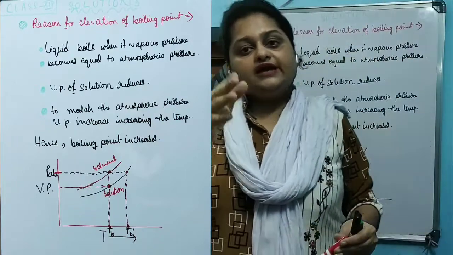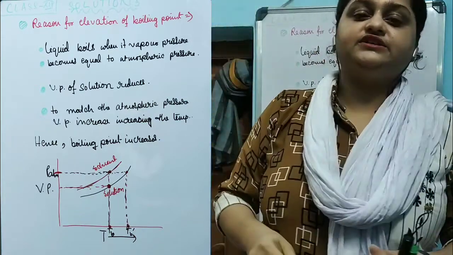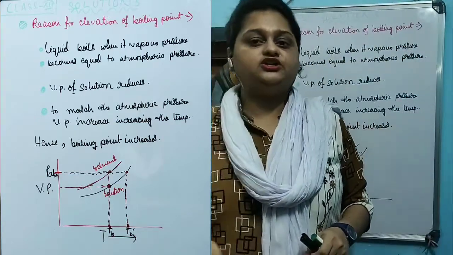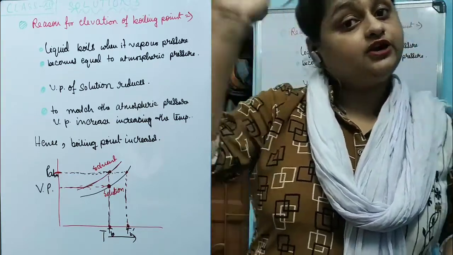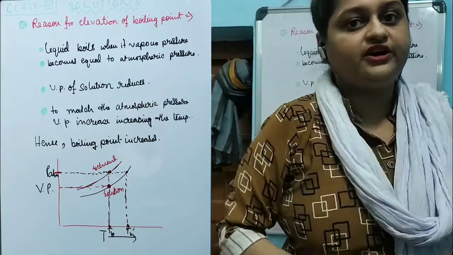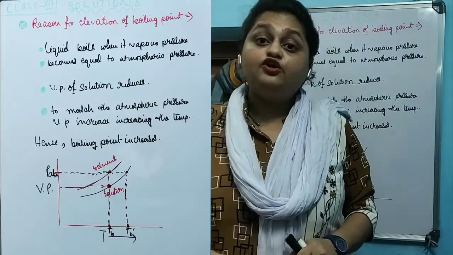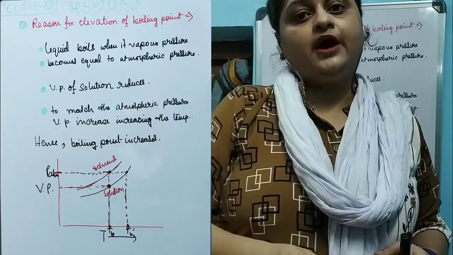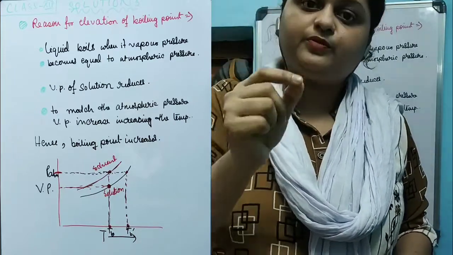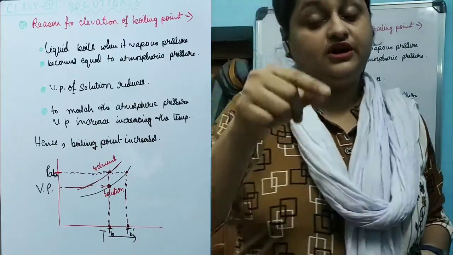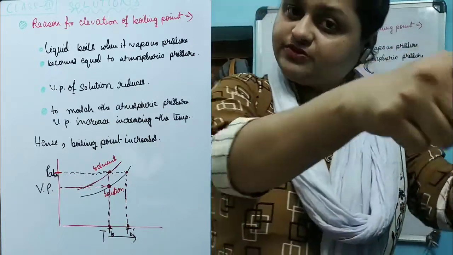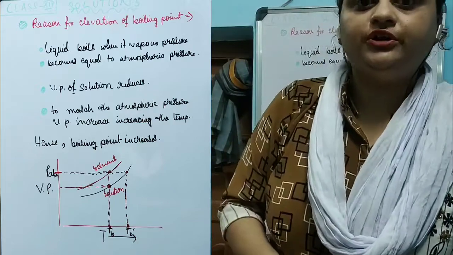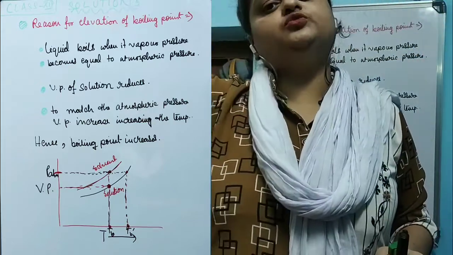Now as water boils at 100 degrees Celsius, the vapor pressure equals the atmospheric pressure for pure water. But for a solution of water at 100 degrees Celsius, the vapor pressure is less than that of its pure solvent. So to reach the atmospheric pressure, the vapor pressure of the solution has to be increased.